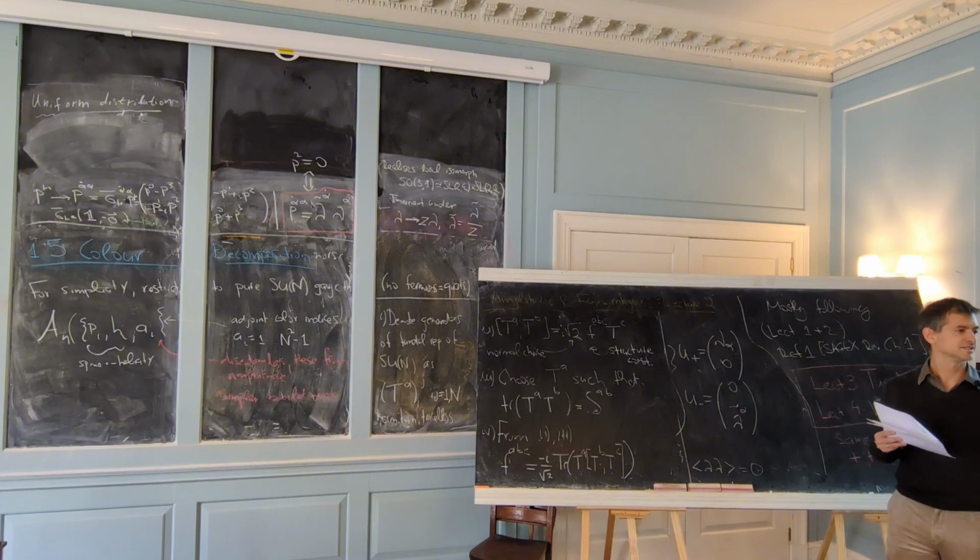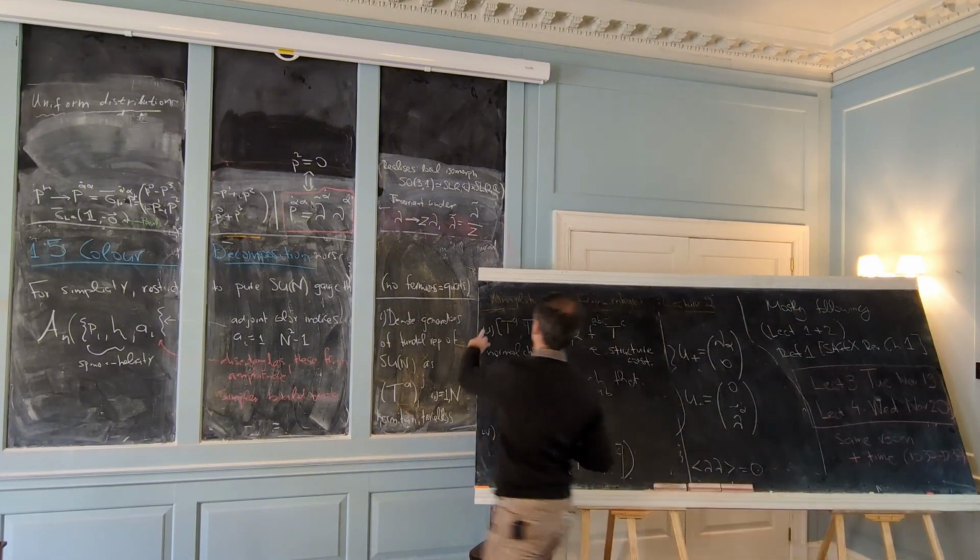Does anyone see this? How do you go from here and here to here?